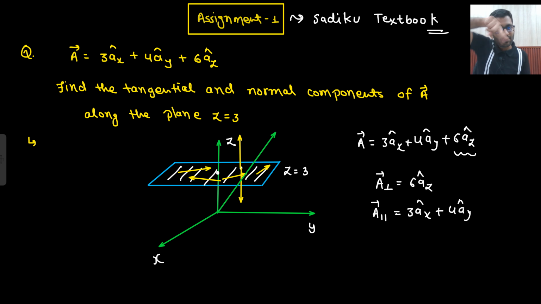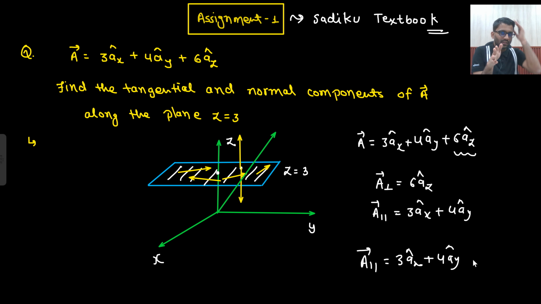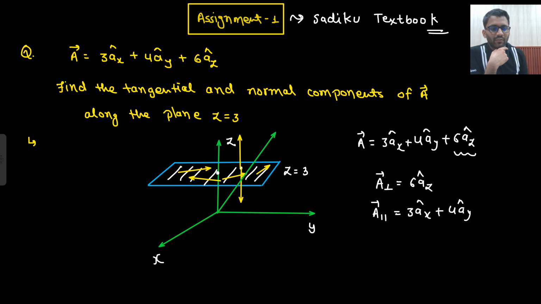So 6 az cap is perpendicular and 3 ax cap plus 4 ay cap is parallel, right? So there are two components, parallel and perpendicular. You cannot say that, sir, your parallel component is only 3 ax cap. No, it is 4 ay as well. So I will write down both together. So your tangential component is 3 ax cap plus 4 ay cap and perpendicular is 6 az cap. Very straightforward problem, very easy.